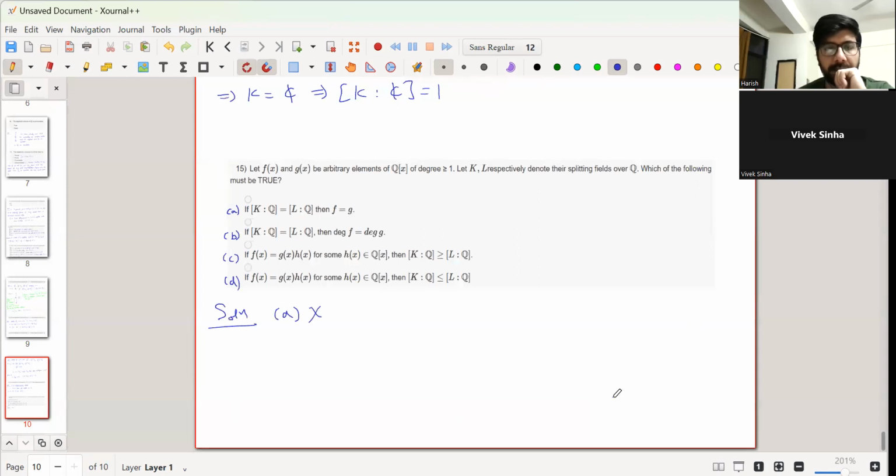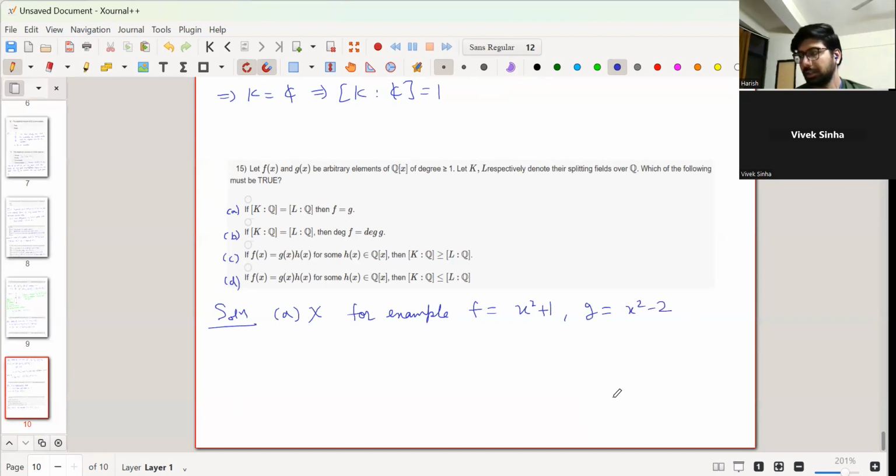So option A is not correct because it says that if two splitting fields have the same degree, then they are the splitting fields of the same polynomial. But which is not true, because you can consider, for example, f equal to x square plus 1 and g you can take x square minus 2, right?